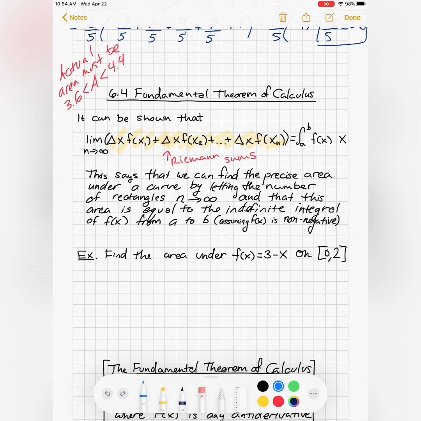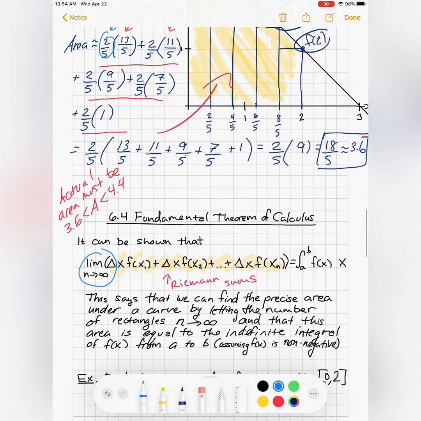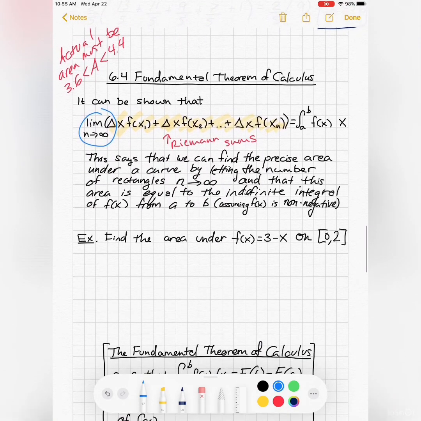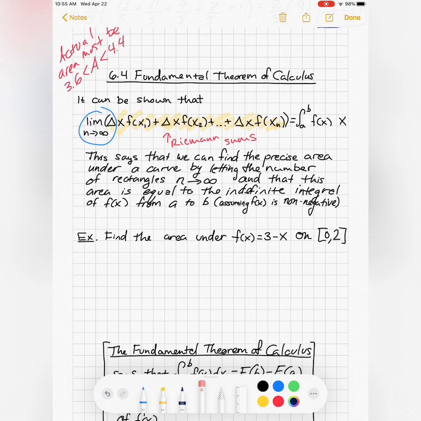So what this is saying is, if I let the number of rectangles go to infinity, in other words, every time the number of rectangles increases, I'm getting a more and more accurate estimate of the area actually under this curve. So if I let that number of rectangles tend to infinity, I'll actually get the precise area under the curve, okay?